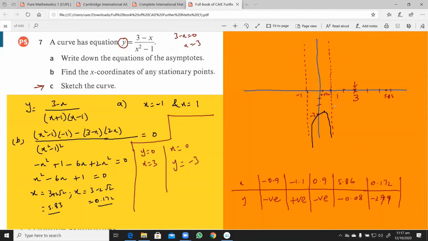Now after 1, I have taken a value. I have seen what is happening after 1: 5.86. This is 5.86. So we have a turning point somewhere over here. Here is a turning point. Okay, and then we have the x-intercept, which is going to be 3.